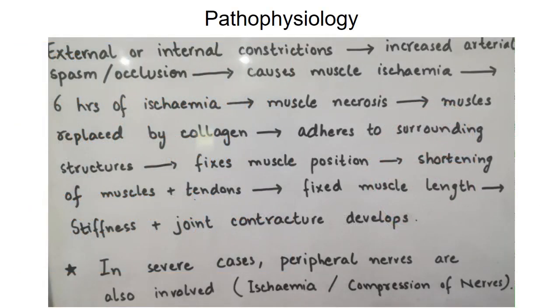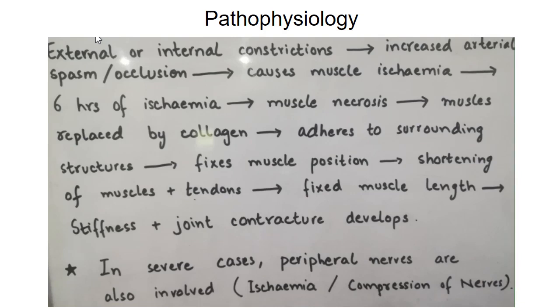Now let us discuss the pathophysiology of Volkmann ischemic contracture, how the ischemia leads to formation of contractures. In cases of gradual, temporary and partial occlusion of the brachial artery, blood flow to the forearm and hand is maintained to some degree through the periarticular anastomosis around the elbow joint.